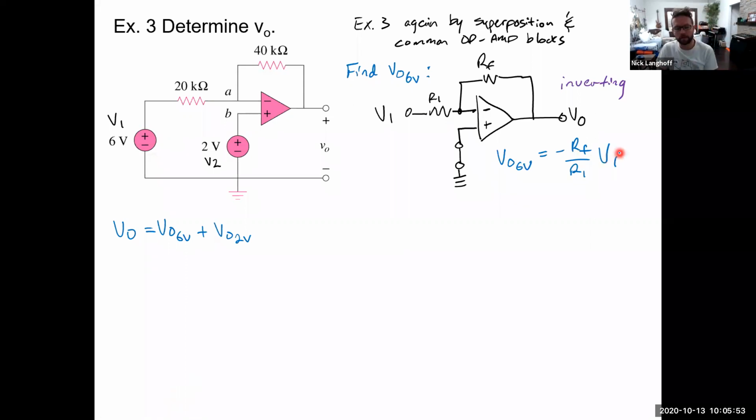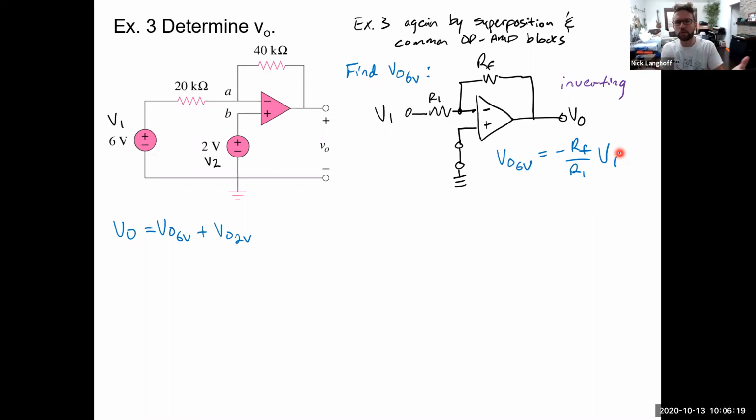This is one of the nice things about the superposition principle you learned earlier in the course, and now we're applying it to amplifiers. When we turned off the 2-volt source, V2, the circuit reduced down to a common op-amp block that we know. Therefore, we don't have to do any nodal analysis and use the golden rules.